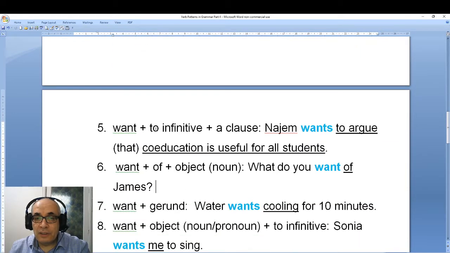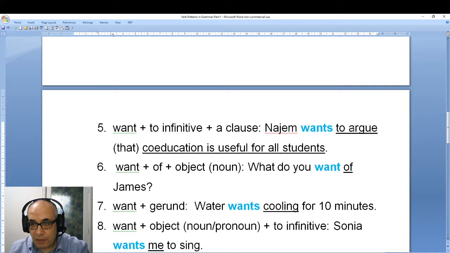After want, I can use to with infinitive and a clause. So Najm wants to argue that co-education is useful for all students. So to argue is infinitive with to.